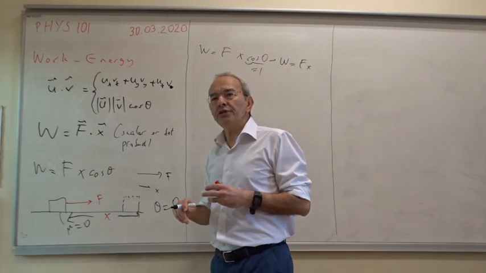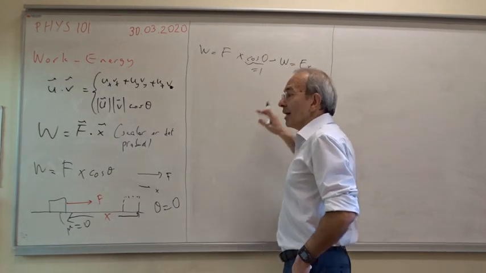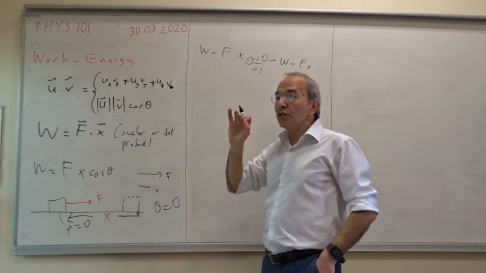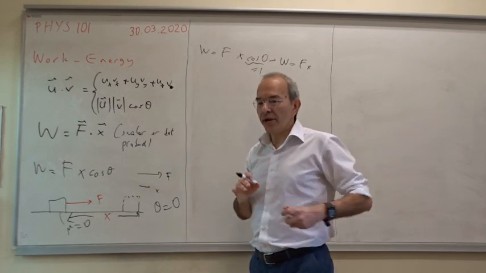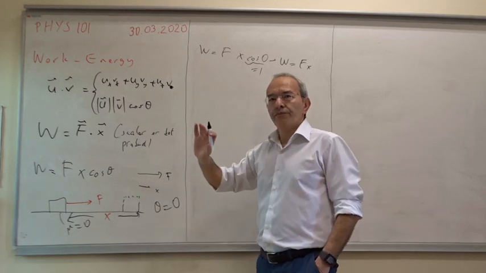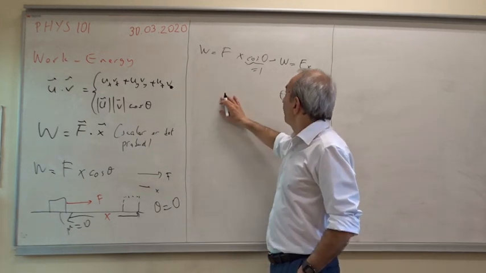Maybe we have learned it previously as just force times distance, but this is only for the simplest case, where force and displacement are parallel vectors and there is no friction between them.